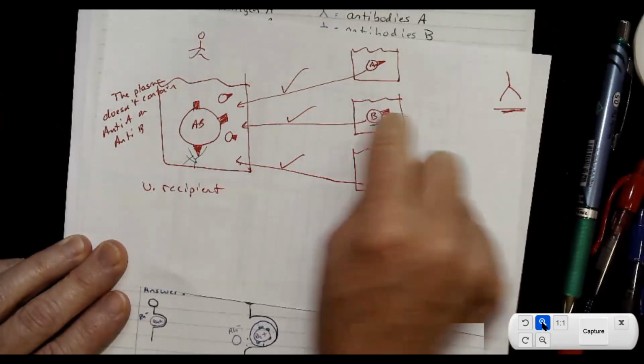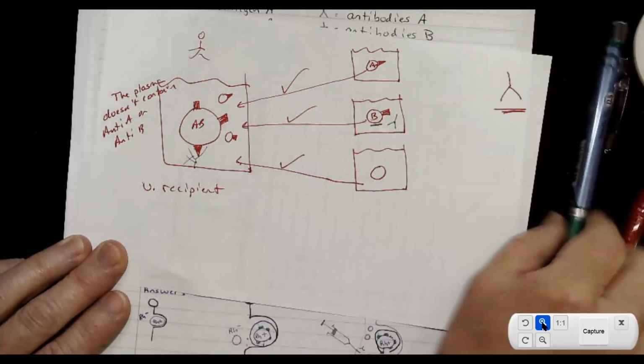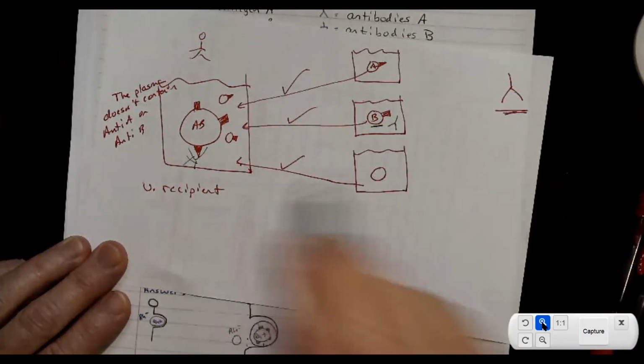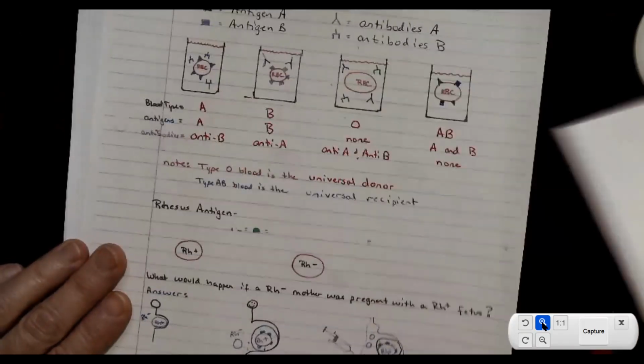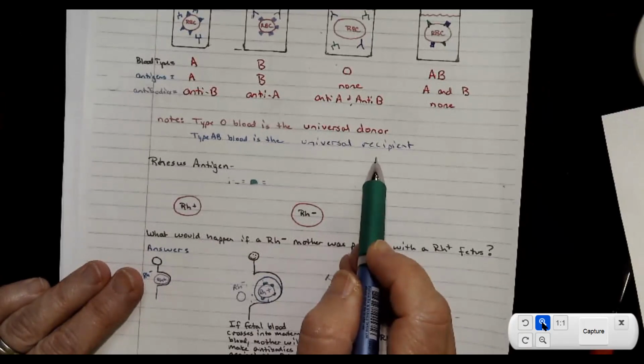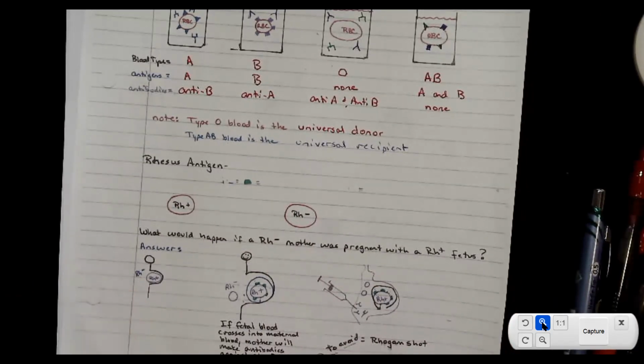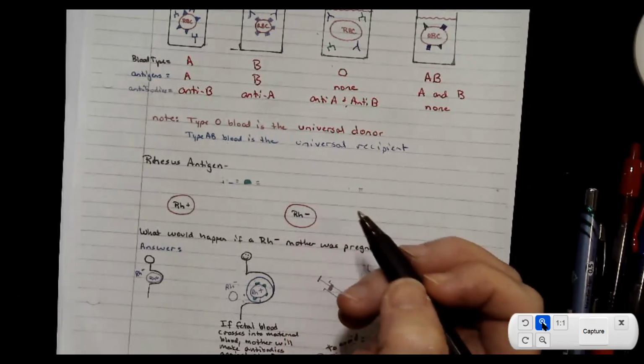The plasma cannot come over here because it would clump, okay? But we're talking about the red blood cells. So yes, that could happen. Therefore, this should explain why type AB blood is the universal recipient. Now, let's throw in one more thing, okay?